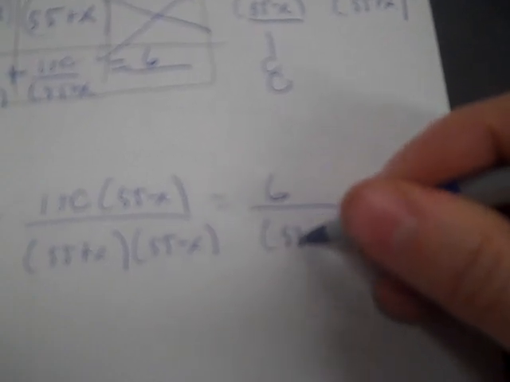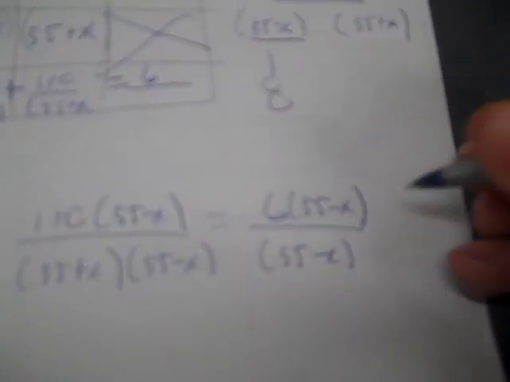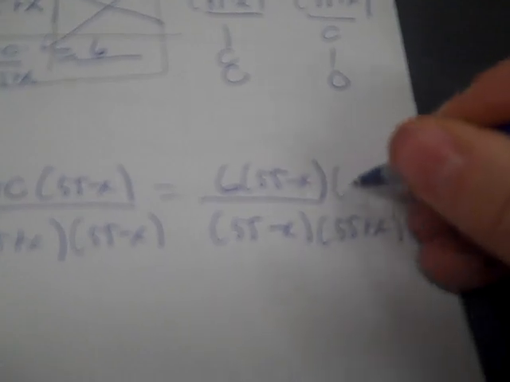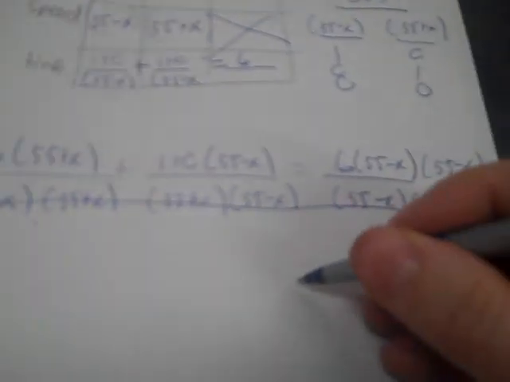So I bring in a factor of 55 minus x, right there. Okay, 55 plus x. So I bring in a factor of 55 plus x, and on top, same with this one. Now cross it out, and we're definitely going to math.